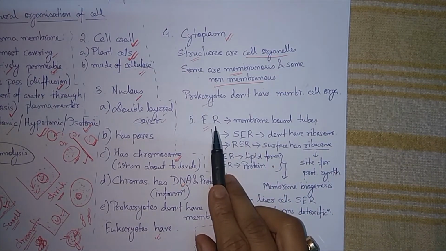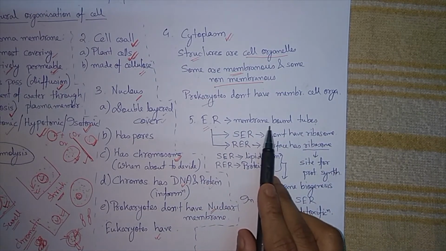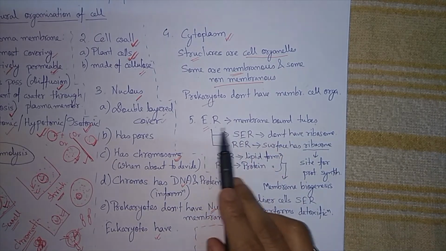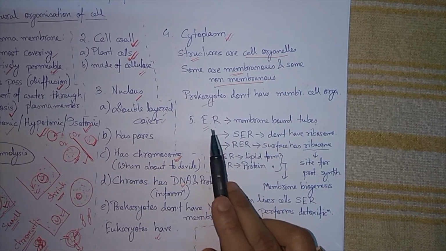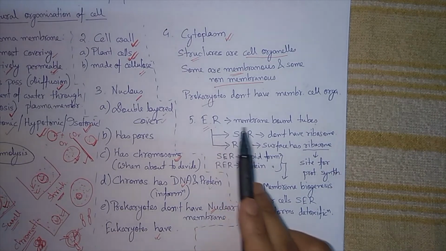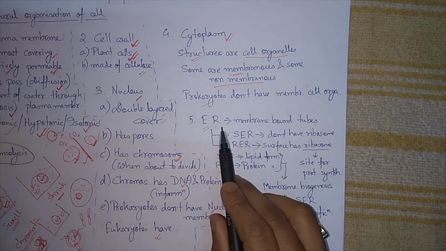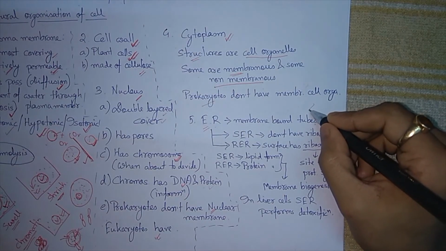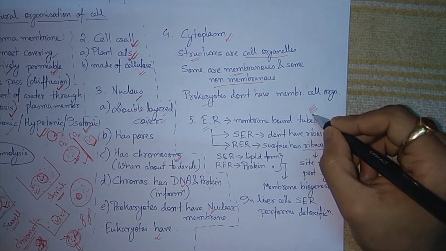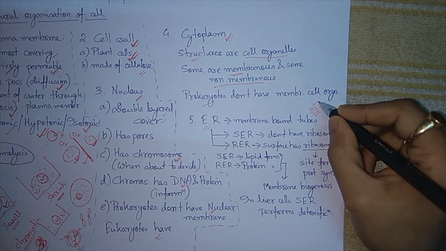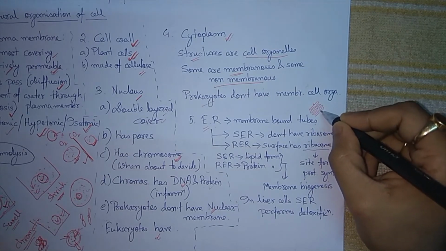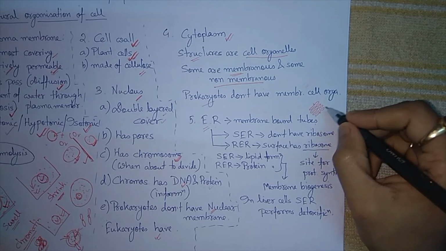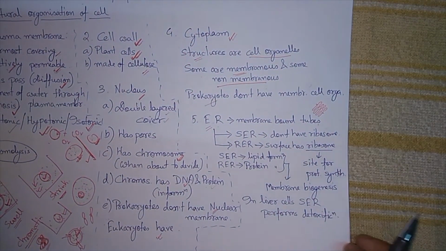Endoplasmic reticulum, it also has membrane bound tubes, means they have membrane. That means ER is not found in prokaryotes, it is found in eukaryotes. These are membrane bound tubes. Like inside the cytoplasm, you will get this type of tube-like structures connected. So these are known as endoplasmic reticulum.